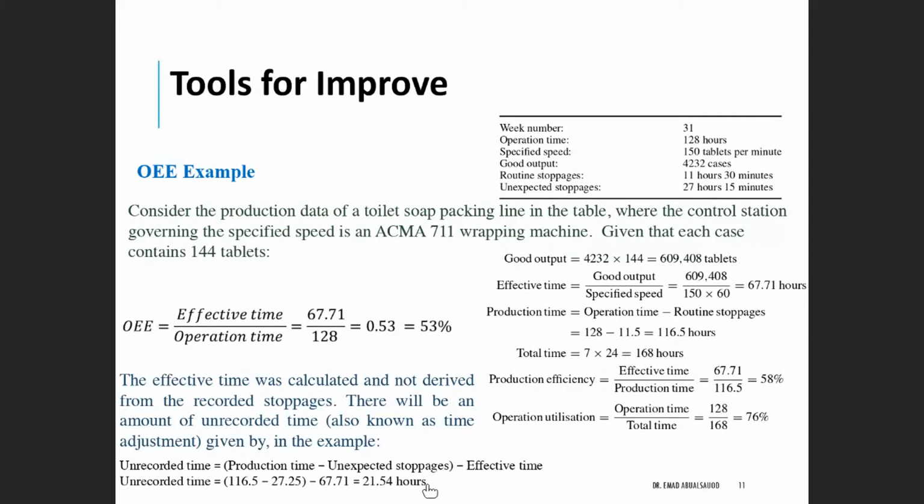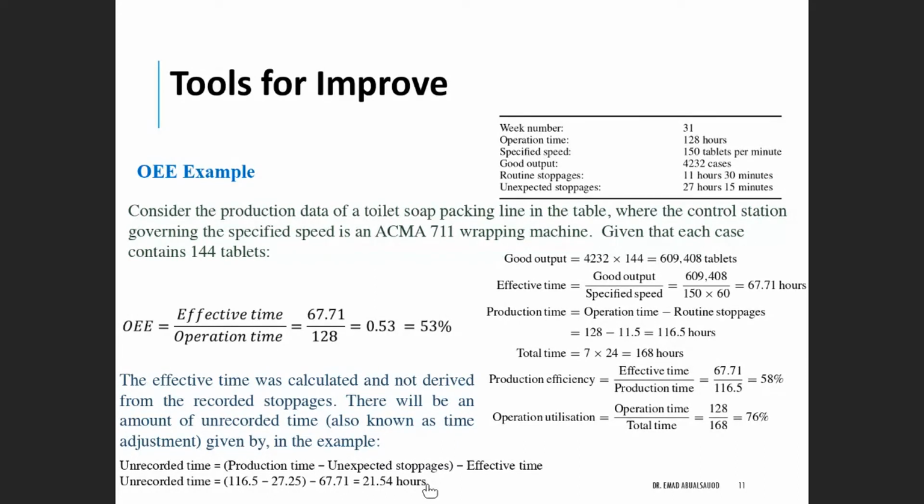And this 21 hours, if you multiply it with the 9,000 tablets, this gives us 189,000 tablets can be produced in this time. Why I said 9,000?